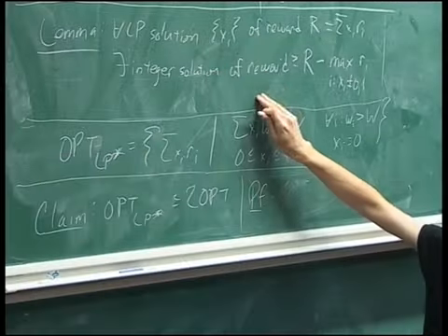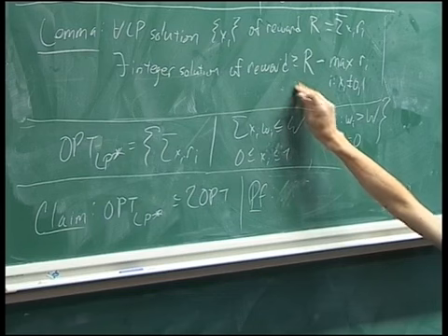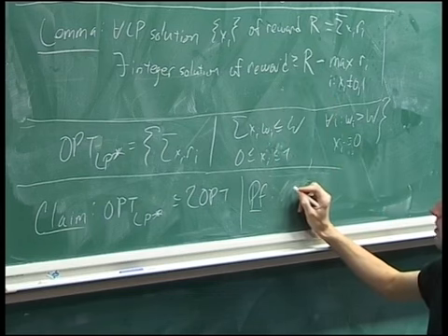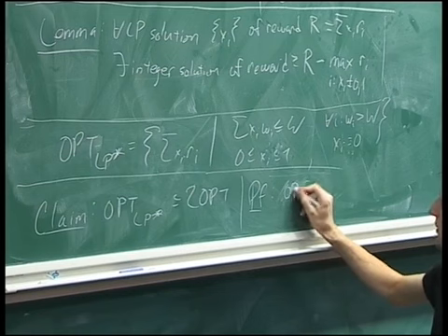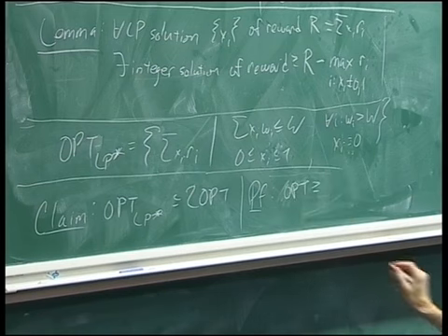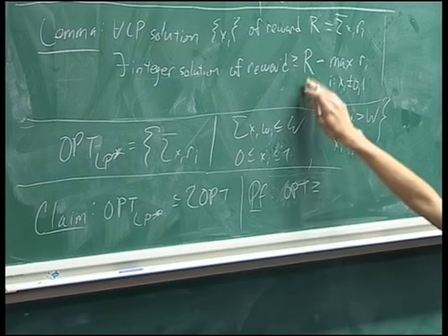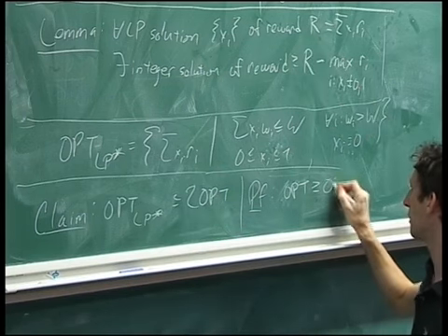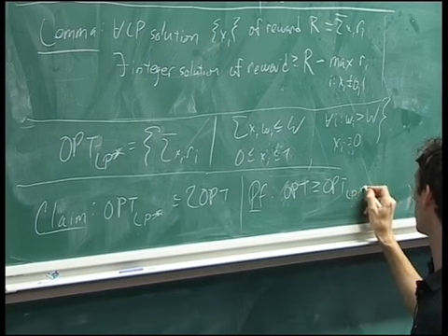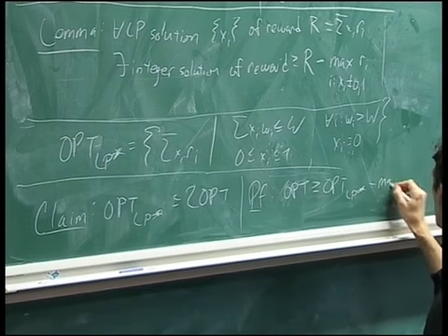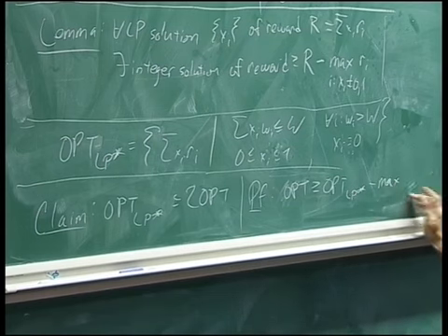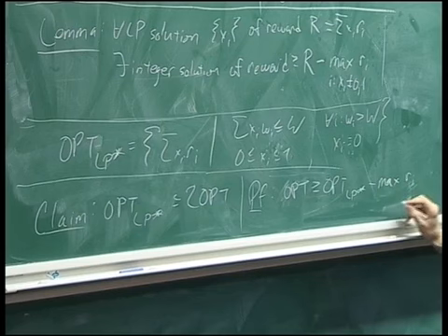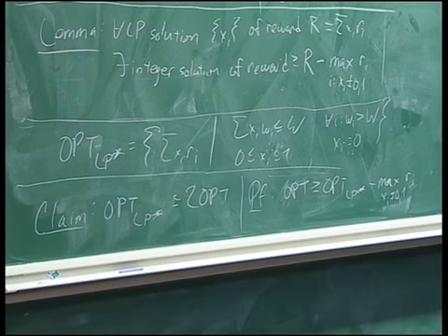okay, so let's move things around here. We know that there is some solution which has a reward at least whatever reward we already had, so it's the optimum of this LP minus the maximum Ri where xi is not 0 or 1.